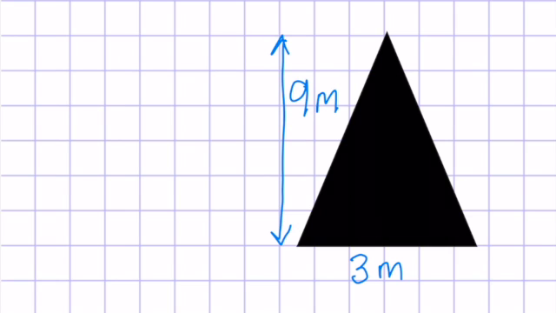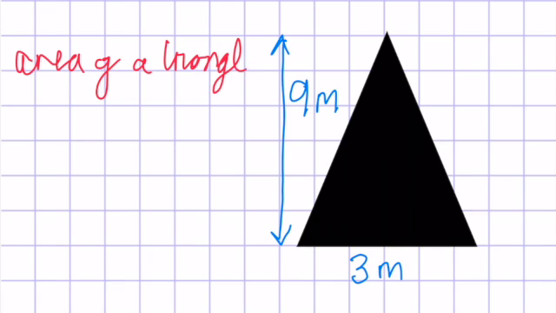Now, let's take a look at 2 examples of when you would use this method in another context, so another area of maths. So, I want to find the area of a triangle. This triangle, to be precise.